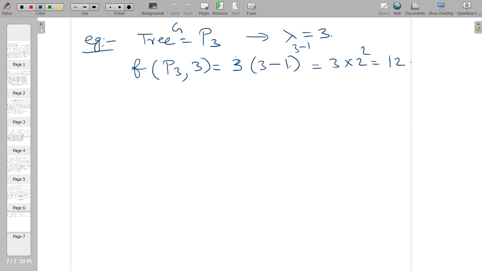So the proof of this theorem gets completed here.